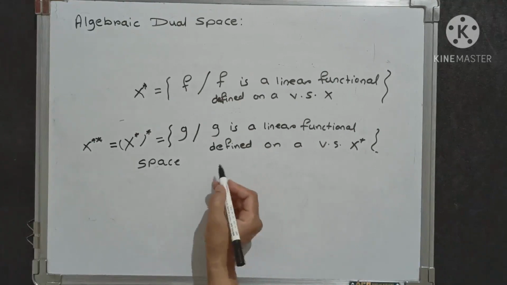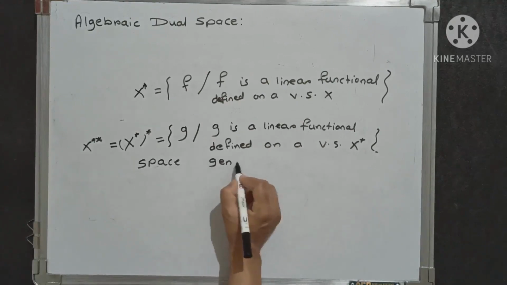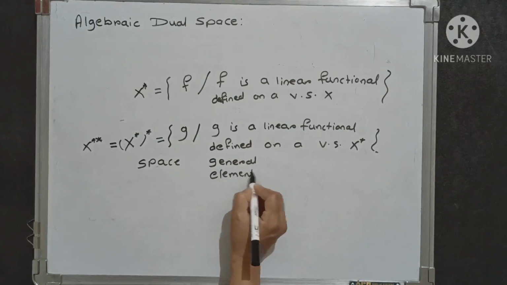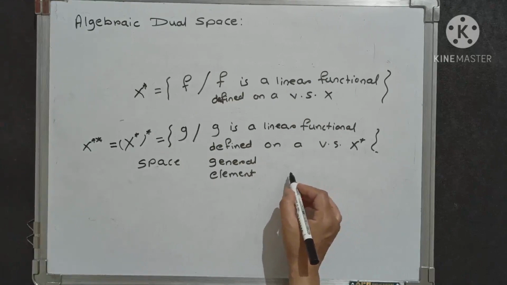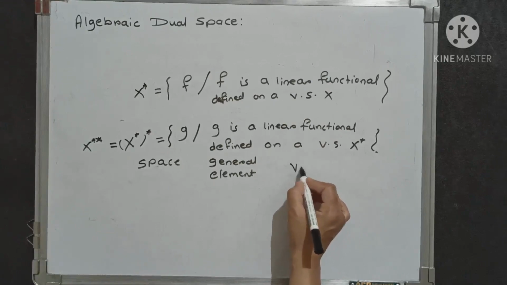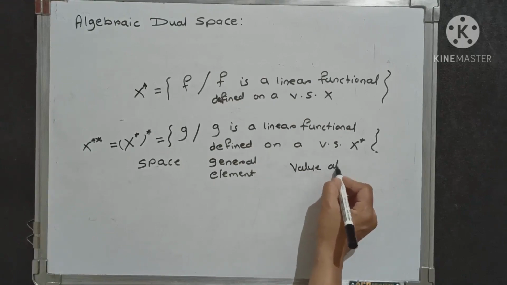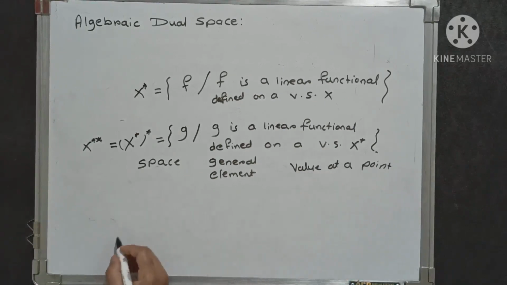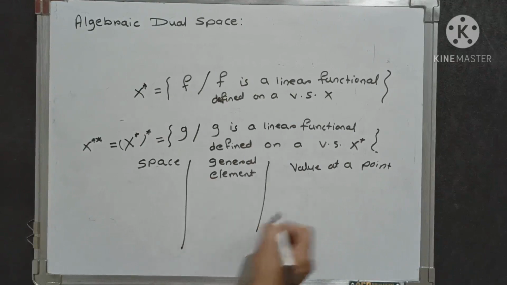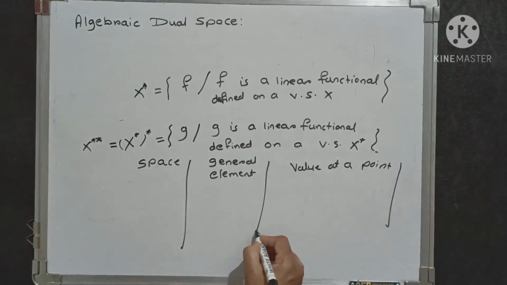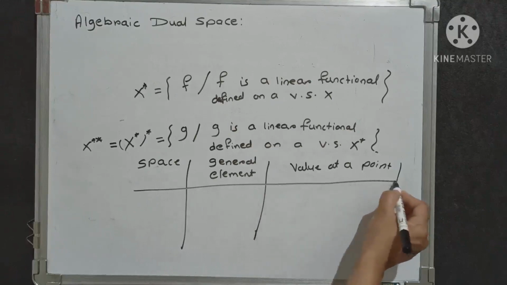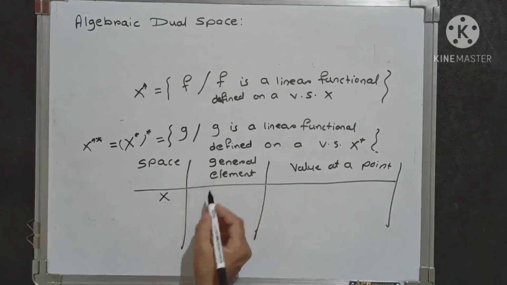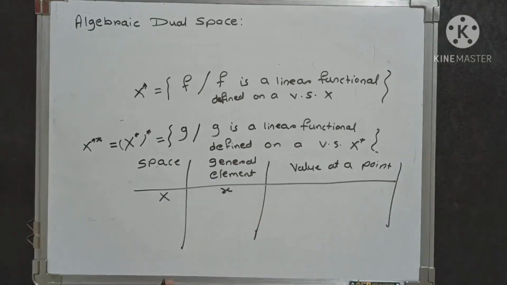Space, general element, and value at a point. Now we consider the space X. In this vector space X, the general element is small x.